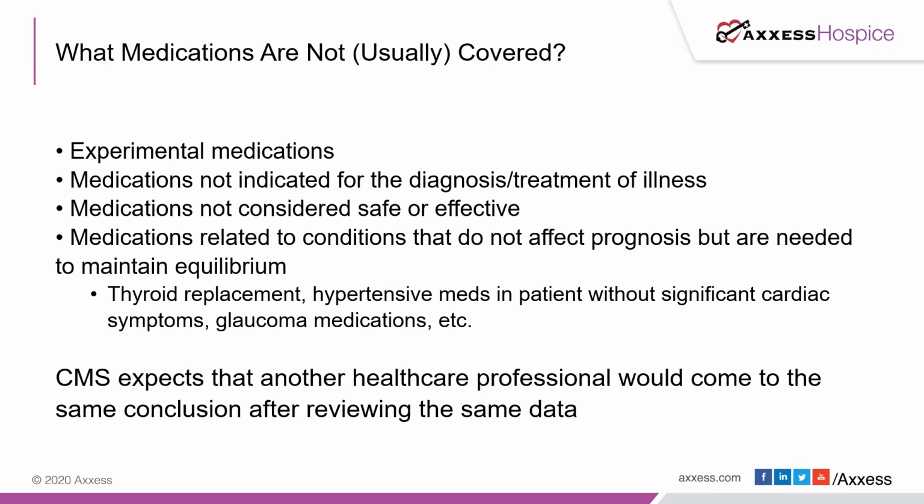So writing it in narratives like that will be very beneficial for you to withstand any regulatory scrutiny. But CMS has stated that they expect that any other healthcare professional who looks at the same data is going to come to the same conclusion after reviewing this patient's chart. So be consistent throughout the patient's chart in that you're documenting what you are not covering, what is and is not related, and also making sure that you are being consistent from patient to patient.